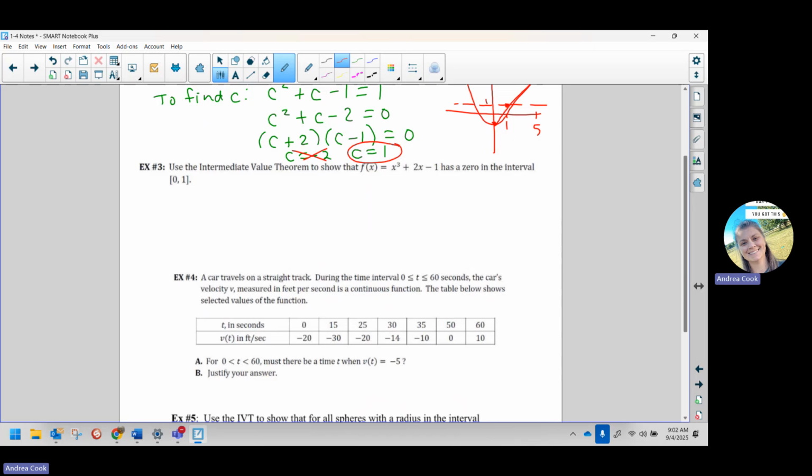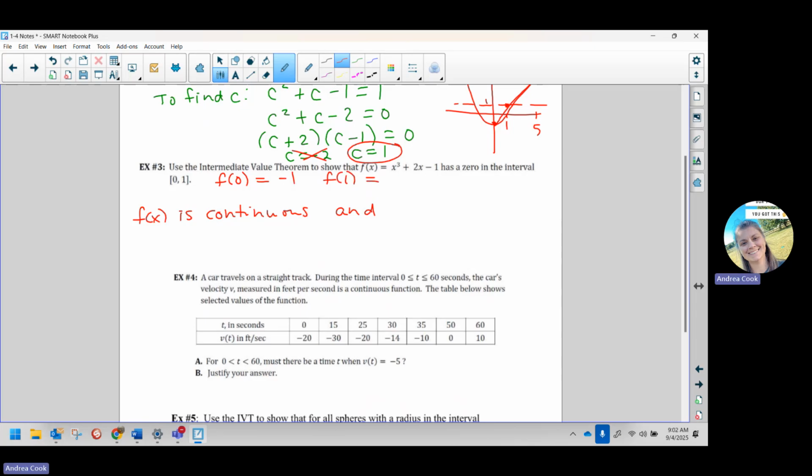All right, what's the domain of a cubic function? Yep, all real numbers, so f of x is continuous. I need to find f of 0 and f of 1.